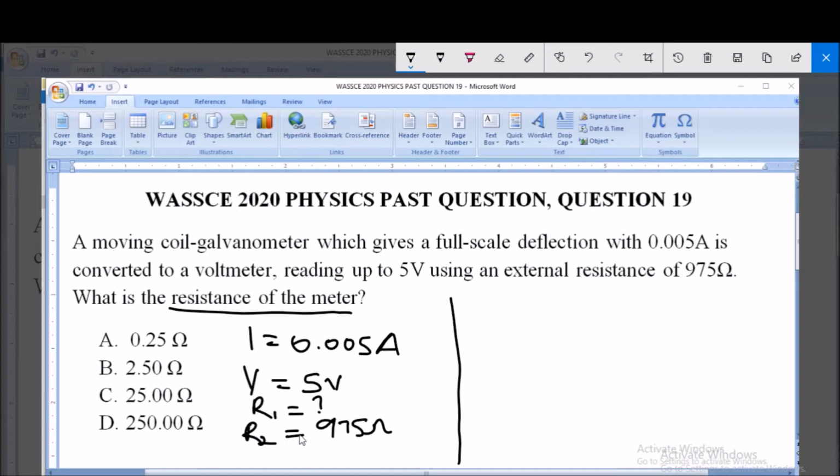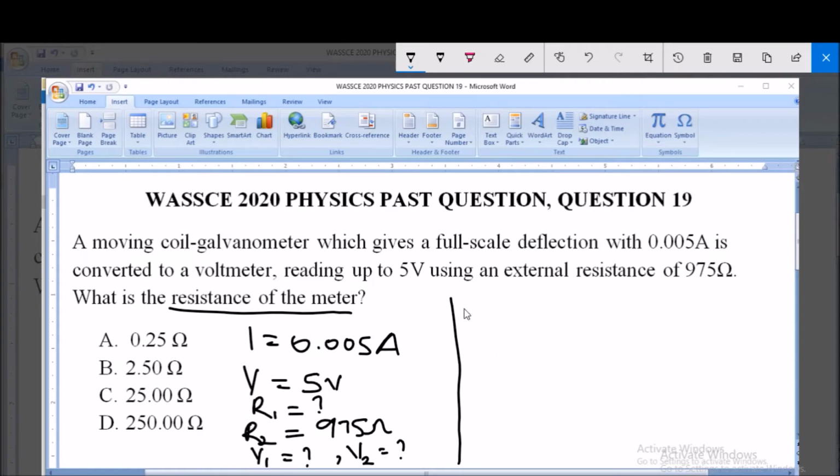Each of these resistances has its own voltage, which sum up to give us the total voltage V. So we have V1 and V2, which are not known. V2 is the voltage of the external resistance, while V1 is the voltage of the galvanometer, that is the internal resistance.